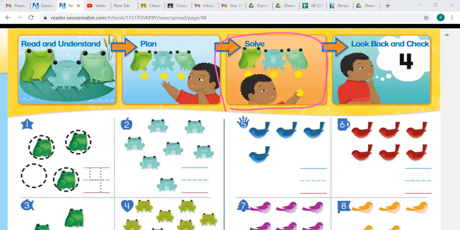He adds one more counter. All right, let's look right here. What number should he write to show how many frogs in all? 4. Let's count the counters, not the frogs. 1, 2, 3, 4. And that is 4 frogs.